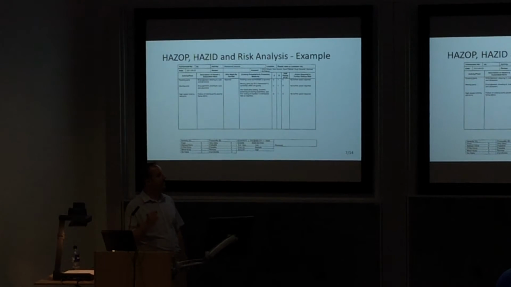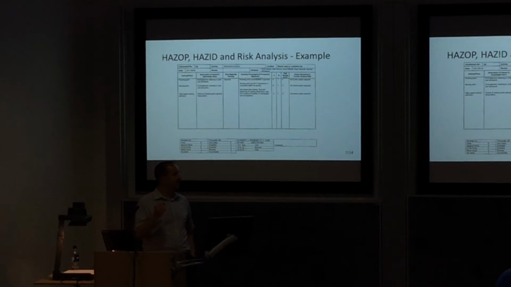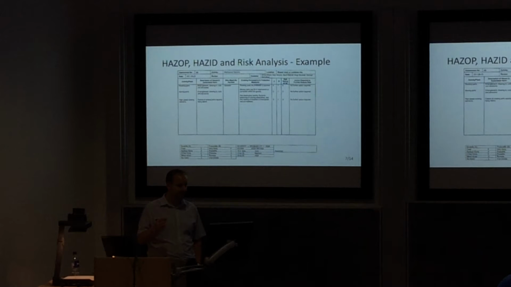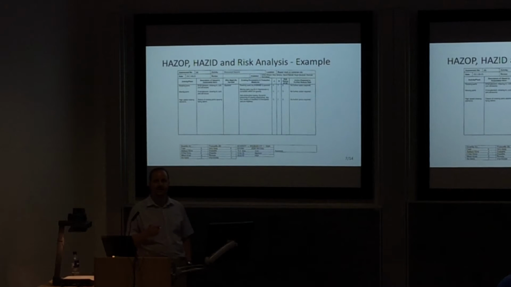The probability of that happening, though, because of all these measures that we've got in place, is scored 1 in each case. You multiply 1 times 5, and you get 5, and if you look at the scale here, 9 or less is a low risk rating, which means it's an acceptable risk.